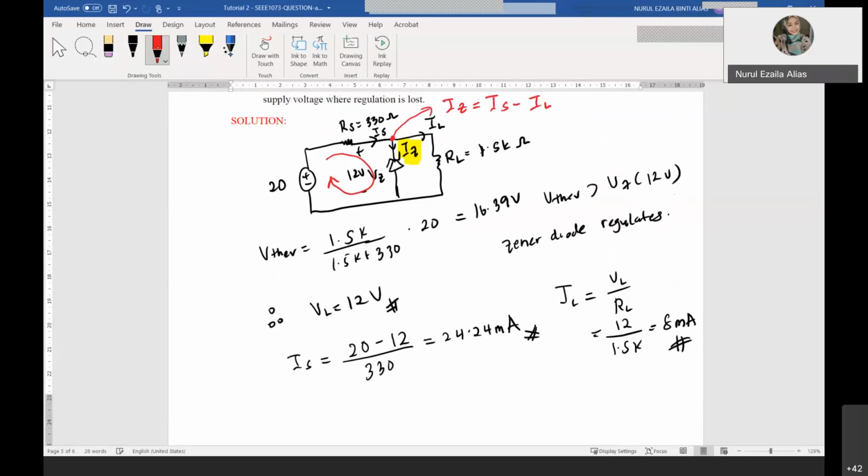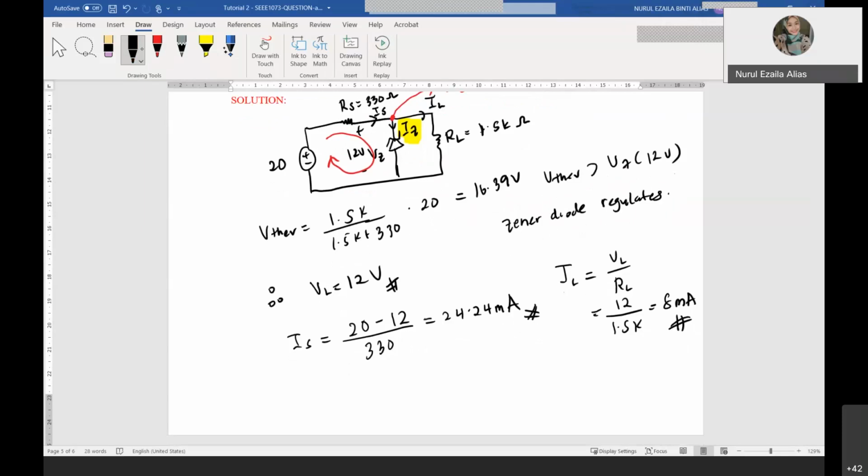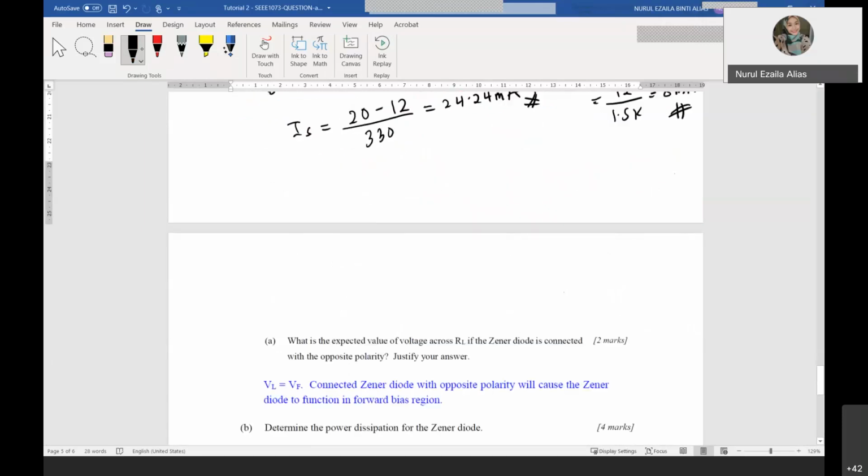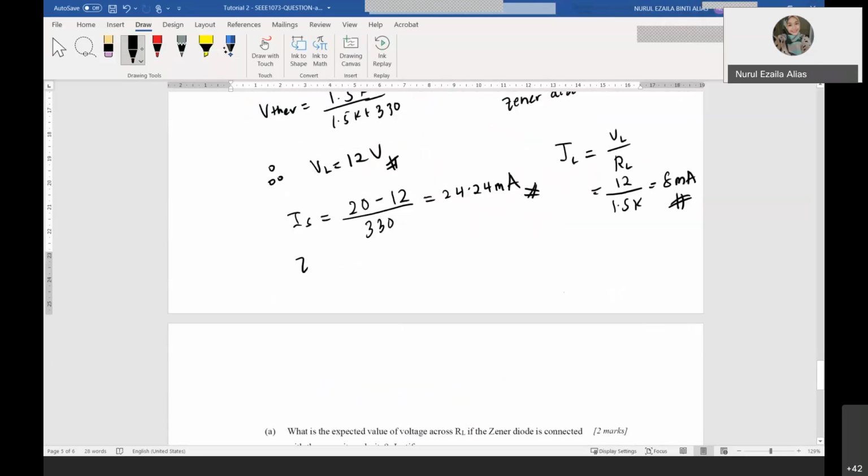That is 24.24 milli minus 8 milli, so IZ is 16.24 milliampere.